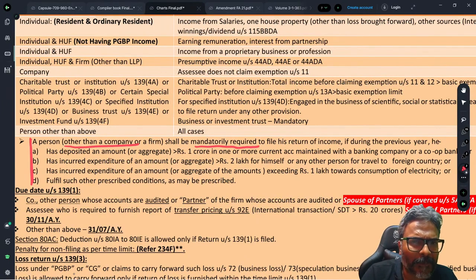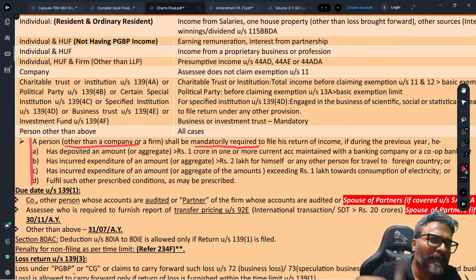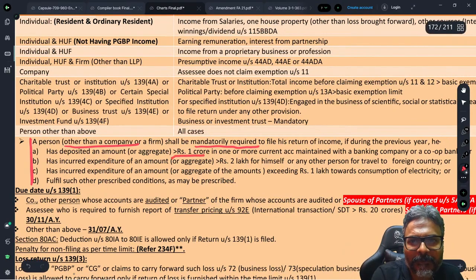Now let's look at this angle, students. Supposedly here, they have made a deposit of an amount, or the aggregate of the amount, of more than rupees 1 crore in one or more current accounts maintained with a banking company or a cooperative bank.